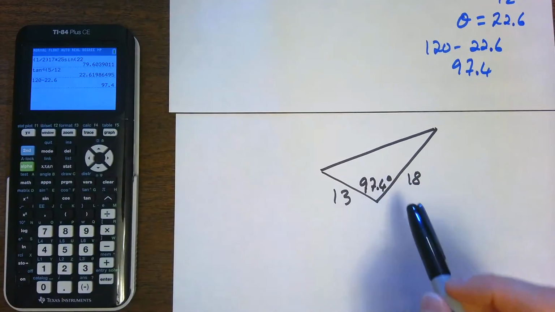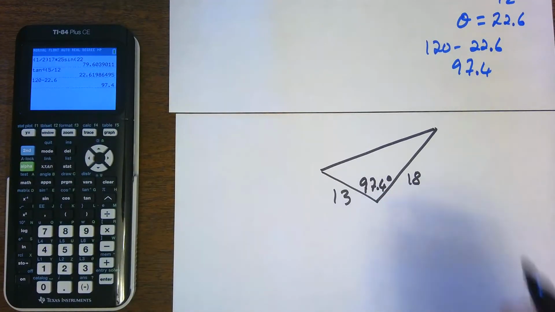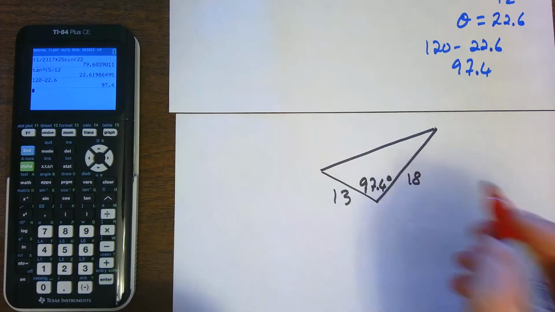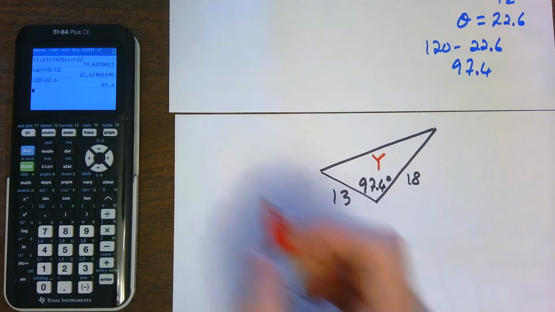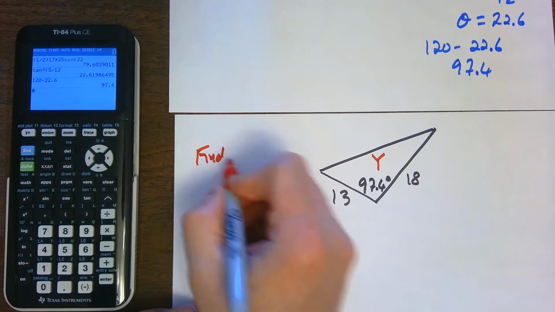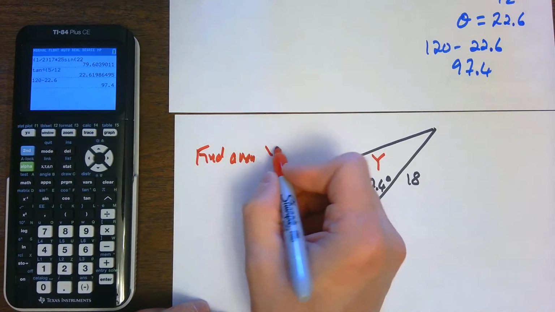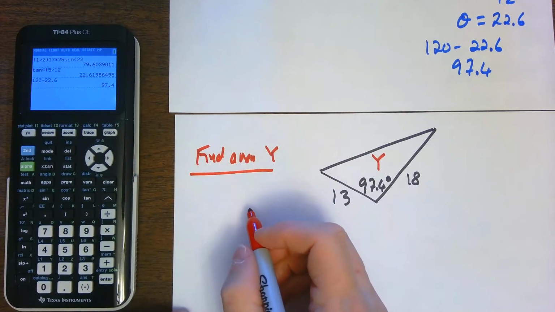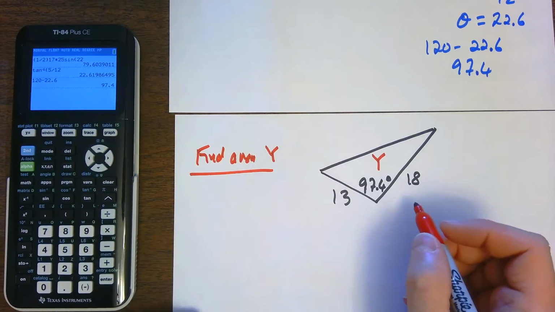So now we're going to find the area of this triangle. This is triangle Y, remember. We're going to find the area of triangle Y. And here's where we're going to use our trig, finally.